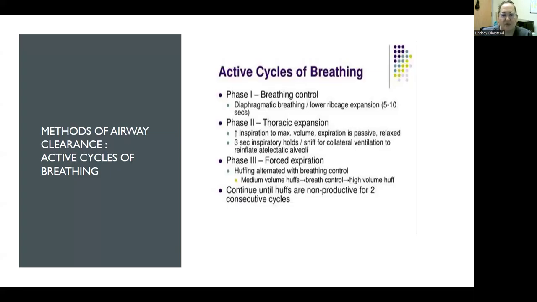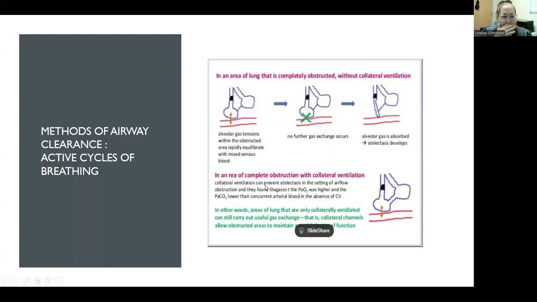So what you're doing is you're getting that air back behind that obstruction, back into those collapsed alveoli, and then reinflating them and moving those secretions up. And you'll teach them to do that until you're non-productive for 2 consecutive cycles. Again, this is probably more in the adult world than the pediatric world.